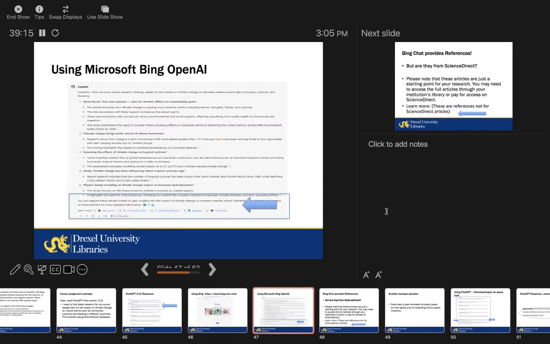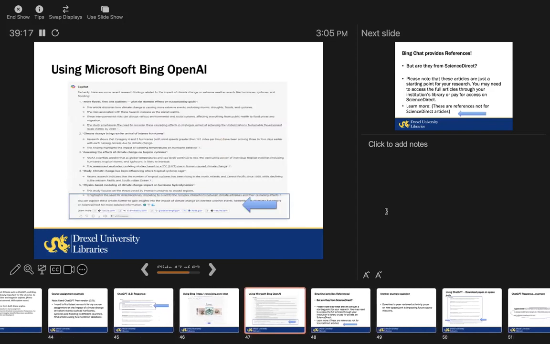So now, this is what I got from Bing. Again, there are a lot of things in this category. Here, you can explore these articles further to gain insights into the impact of climate change on extreme weather events. And then it is telling me some websites, the government websites. But remember, the question I asked was for peer review.